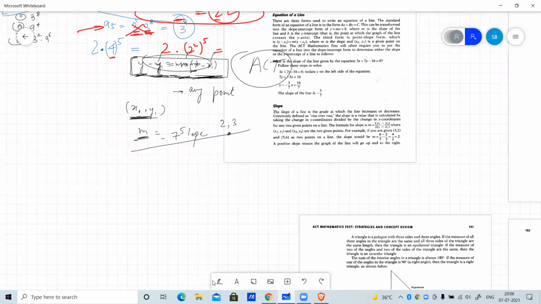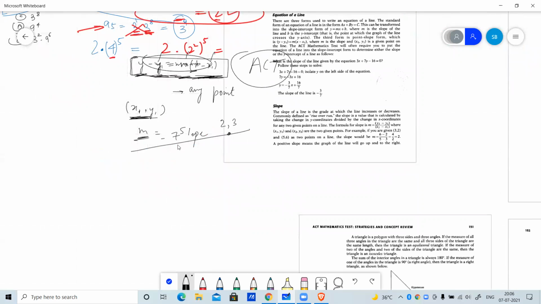There's a line which has a slope of -7, and it's passing through the point 2, 3. That means x1 comma y1 is 2 comma 3. Can you write the point slope form of this line?